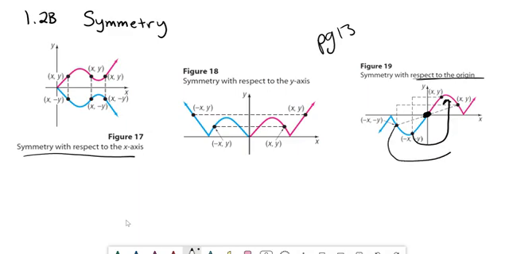I could rotate 180 degrees in either direction, but I used the origin as my point of rotation, and I rotated 180 degrees, then I would land on that other point. So geometrically, that's how you have seen symmetry described before.